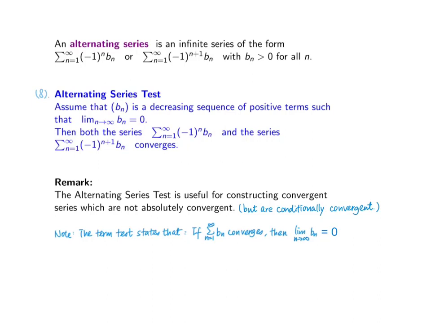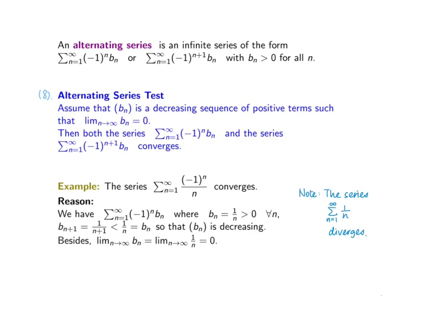That is, it helps us to construct some series of the form either in this format or this format, and they are convergent, but after taking the absolute value of those terms, we get a new series which diverges. We can see that for this series, if we throw away the (-1)^n, then we will have another series which is the summation of 1 over n, where n starts from 1 to infinity.